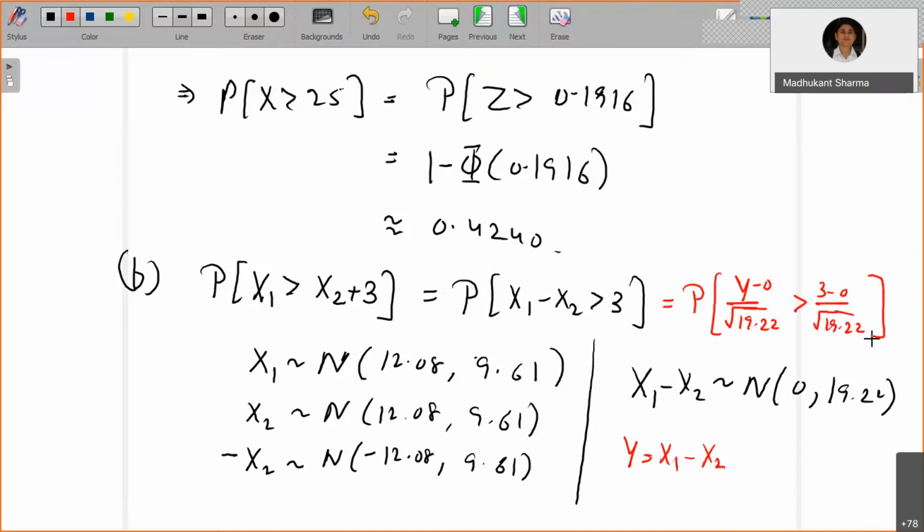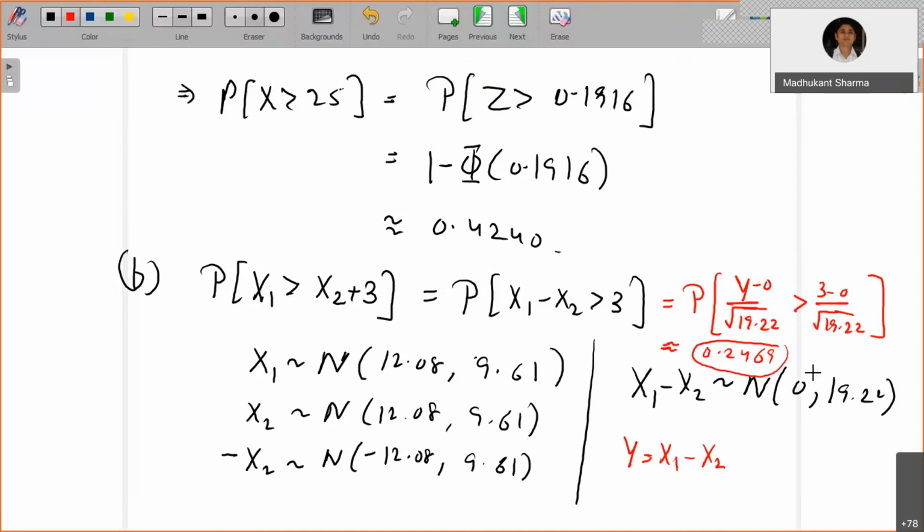Okay, use the calculator and then use the values from the table, and you can verify. I can give you the approximate value here, that is 0.2469. That's the probability.